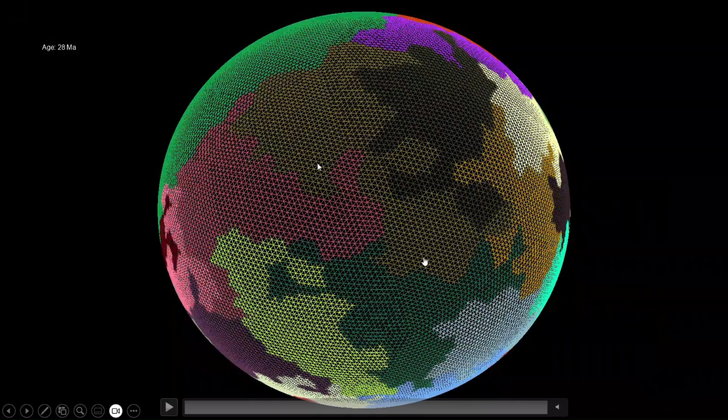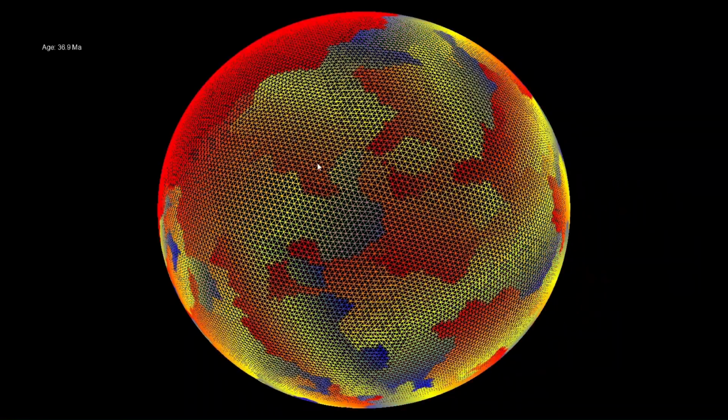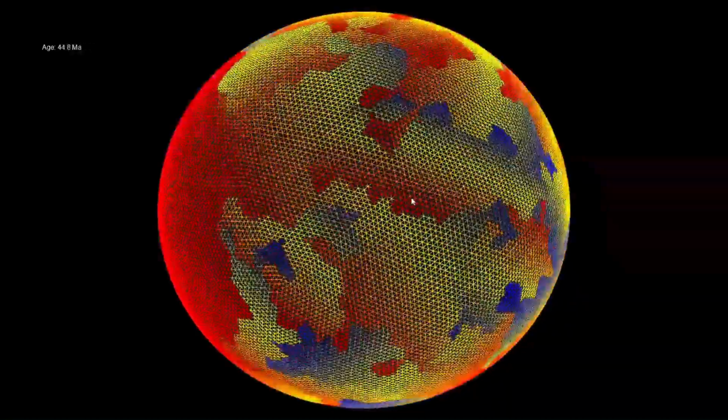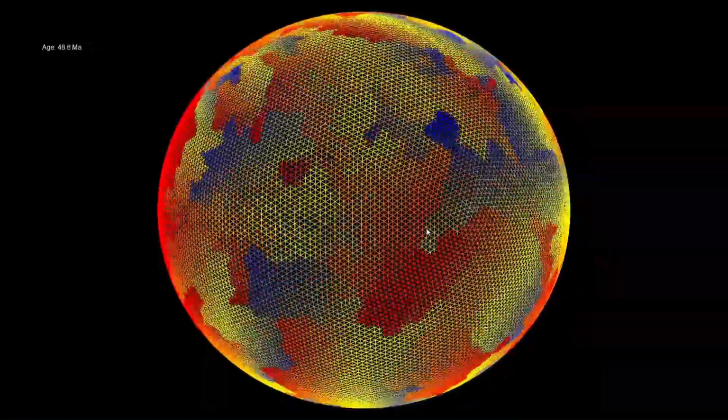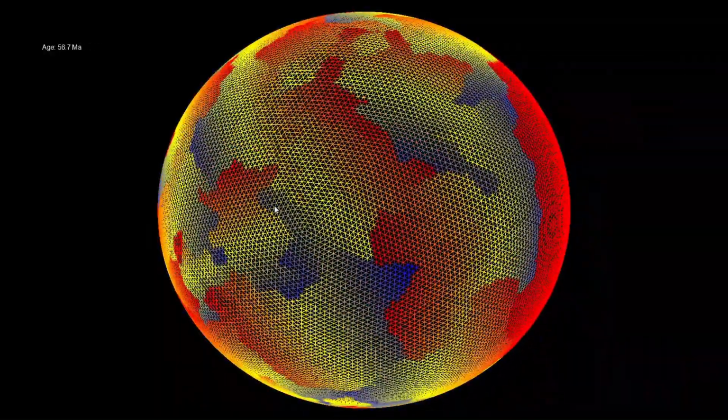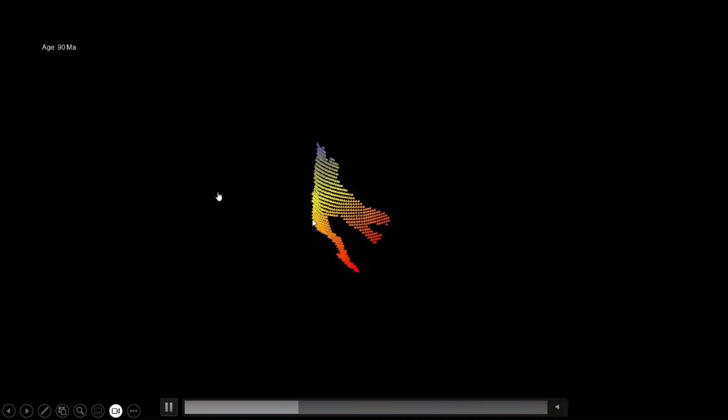So here we have the globe mesh with some of the subduction implementation. First off, you can see we have the temperature map. This is actually age, but age correlates to temperature directly, so it's both. And if we go into the plate mode, we can see a plate here with quite a fold point in it.